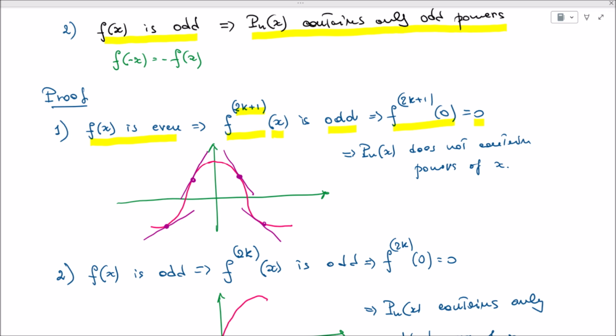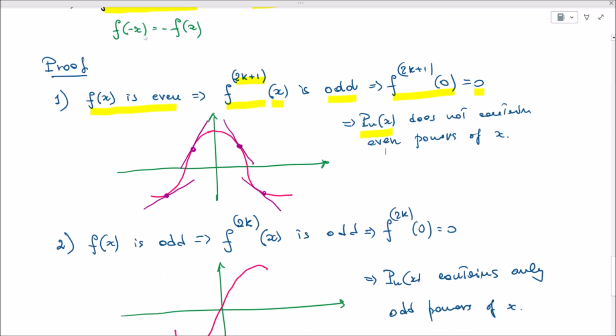So this implies that Pn of x can only contain even powers of x because all the odd powers would be multiplied by a derivative of odd order evaluated at the origin, which would be 0. So this is just the proof of the first fact.